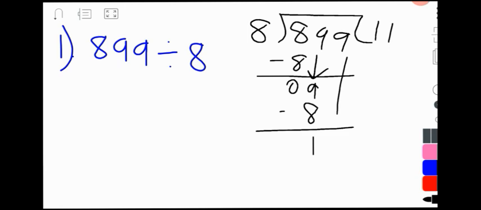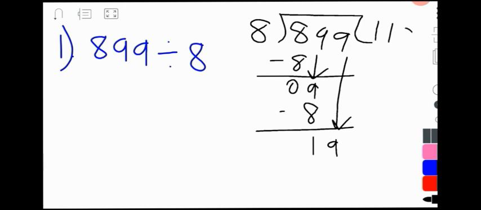Now we take this 9 down also. Now this number has become 19. 19 is not divisible by 8, so we take a number that comes in the table of 8 but is smaller than 19. That is 16, because 16 is divisible by 8.